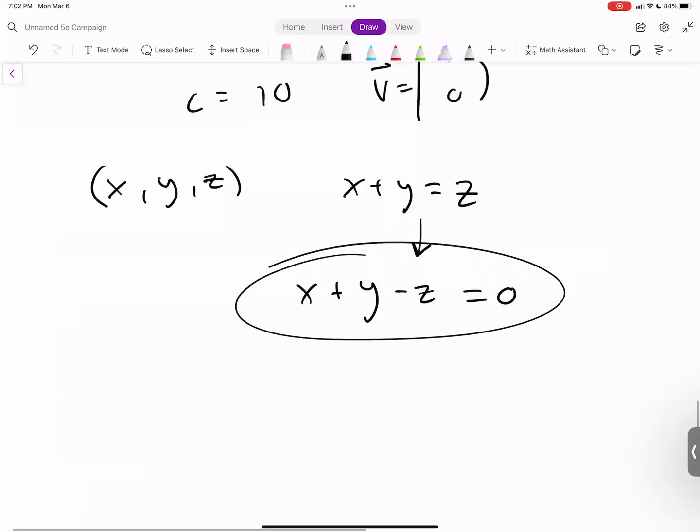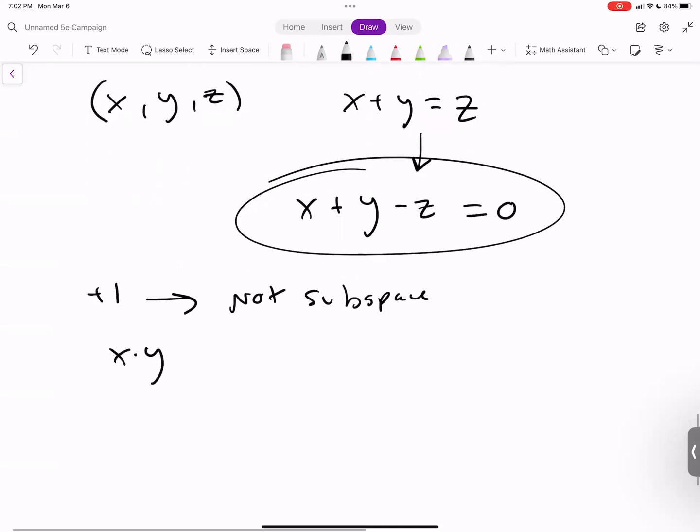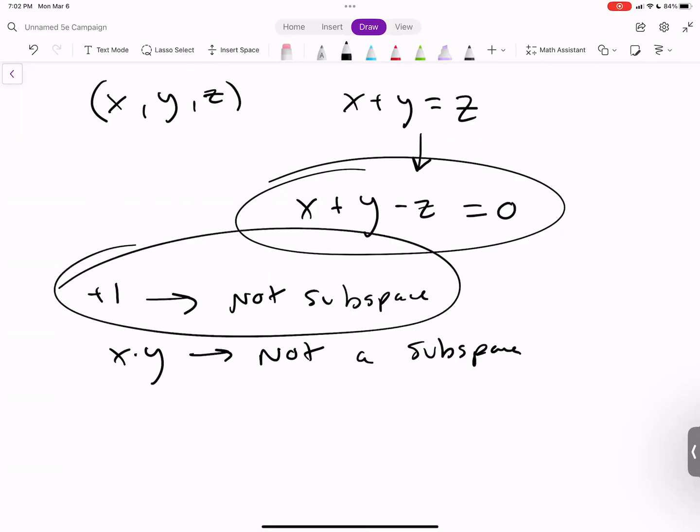Good rules of thumb: if you see a plus 1, not a subspace. If you see an x times y, not a subspace. Probably. You do have to check these, but that should be your intuition, especially for this one, because it'll fail automatically when you plug in 0.